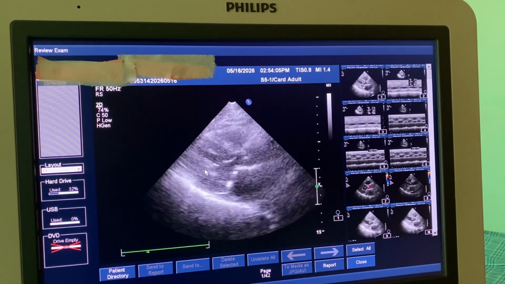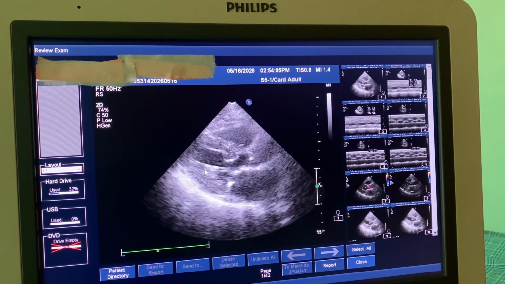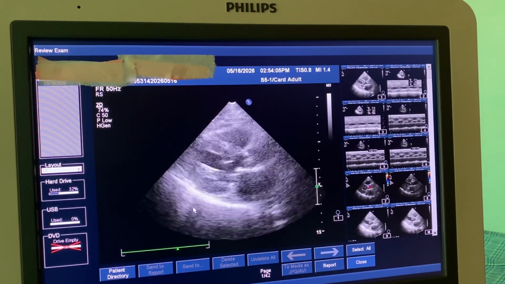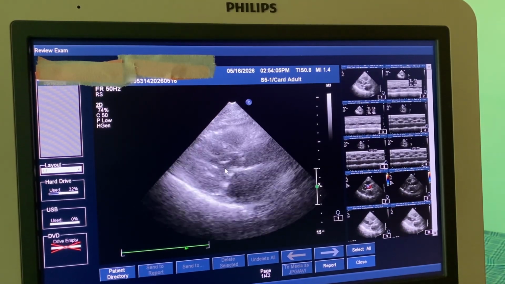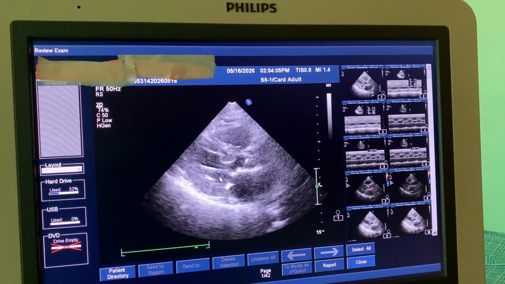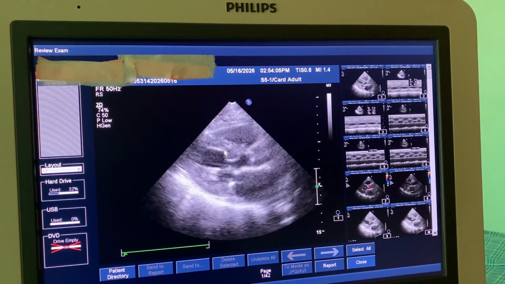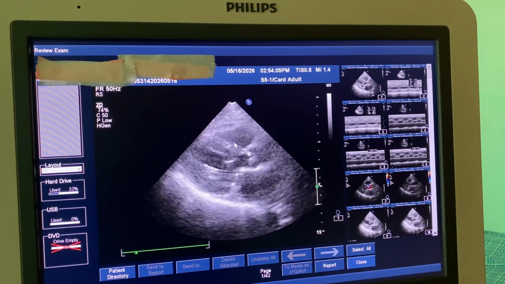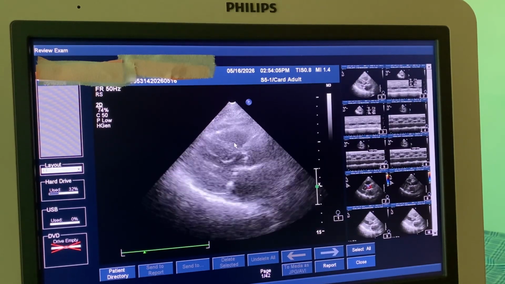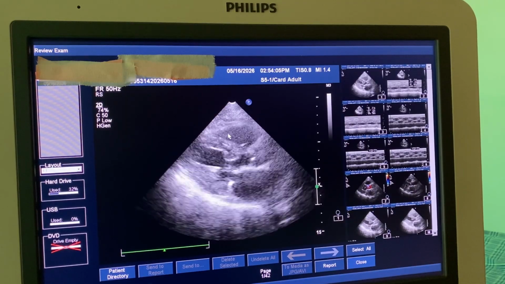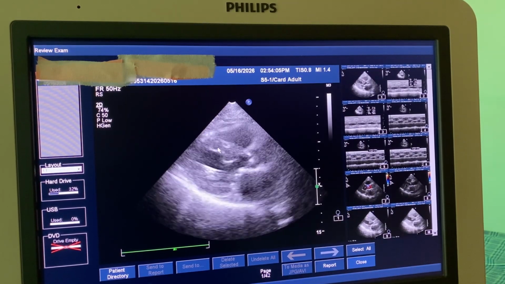The walls may be of normal size or mildly increased, but the cavity size is big. So with these two pathologies, we can expect concentric hypertrophy because they are pressure overload: hypertension and aortic stenosis.